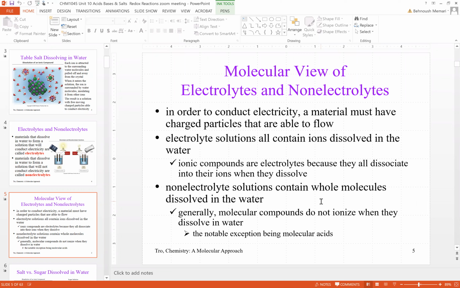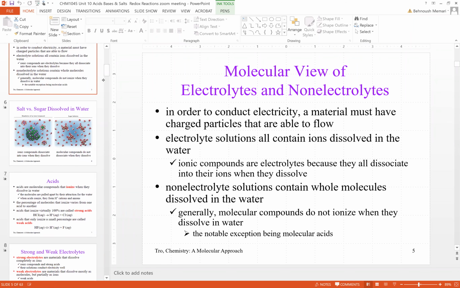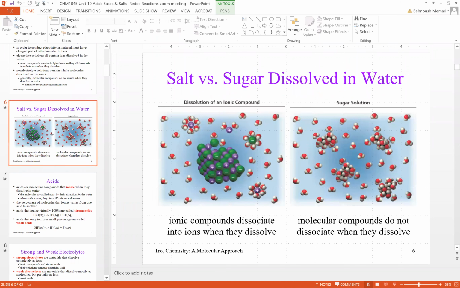As a result, it's going to be non-electrolyte, or they don't transport electrons from one pole to the other pole. At the molecular level, this is what you can see. Ions of sodium and chloride are separated, but the sugar molecule or molecular compound is going to maintain its molecular structure. No ions are produced.